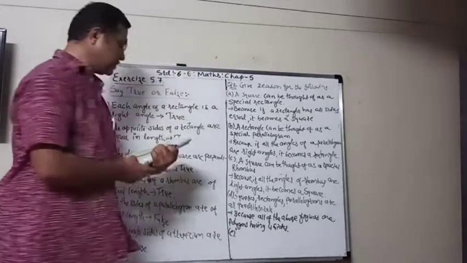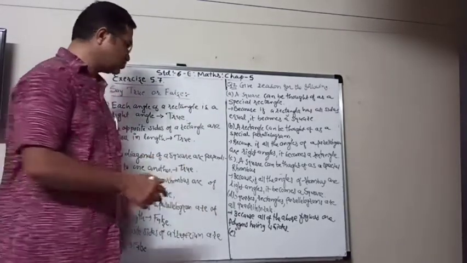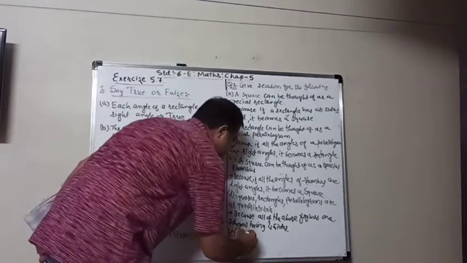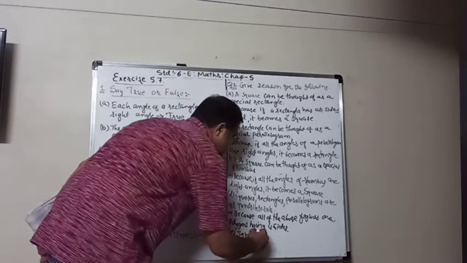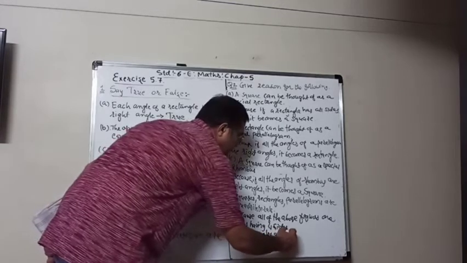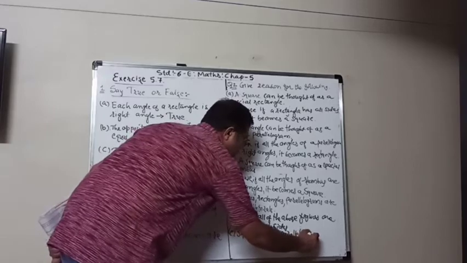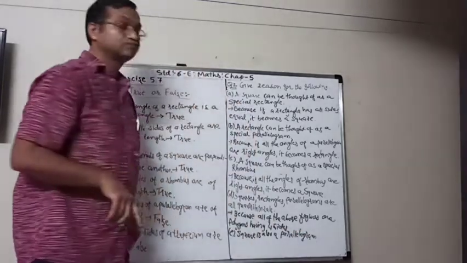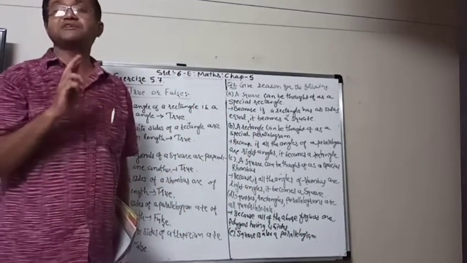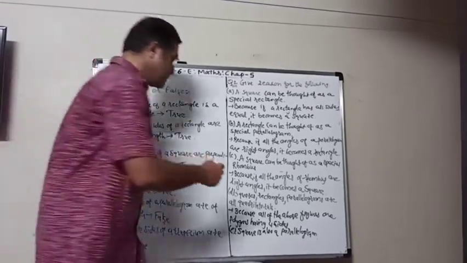And last, E. Square is also a parallelogram. We know that in a square also the opposite sides are parallel. Both pairs of opposite sides are parallel.